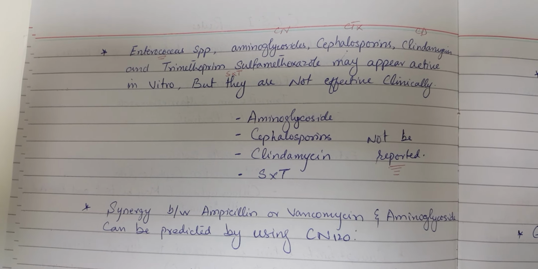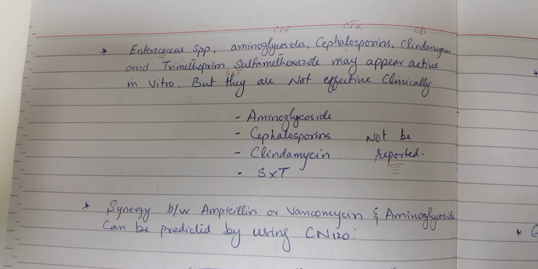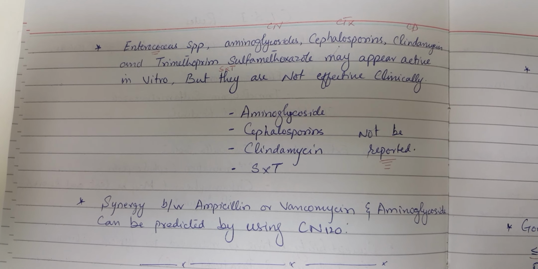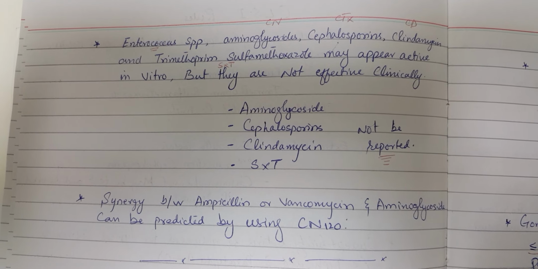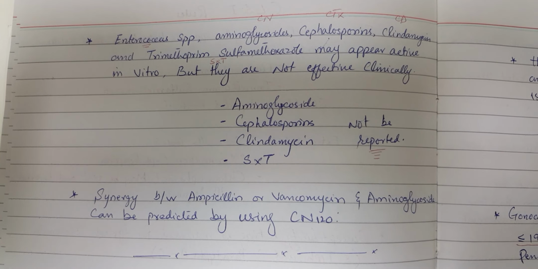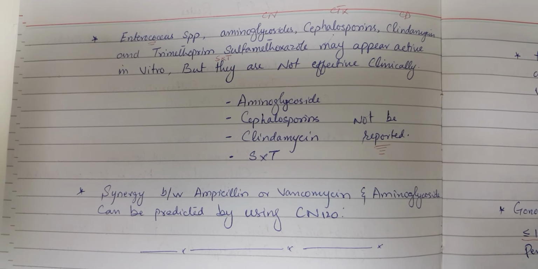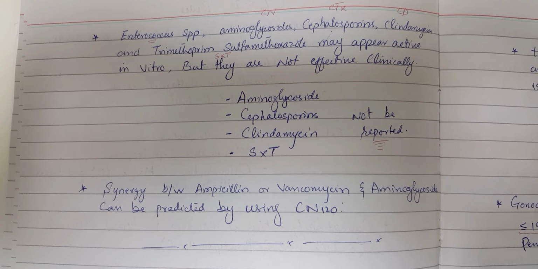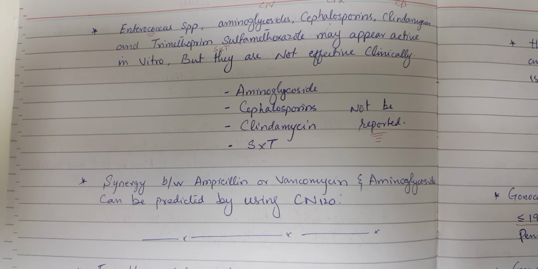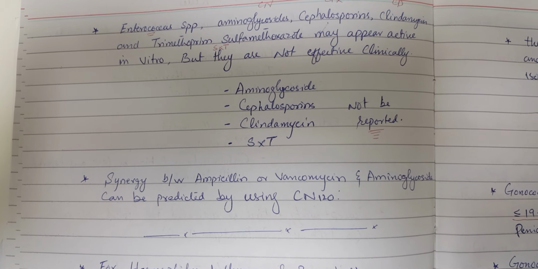But we can check Genta 120 to confirm the synergistic effect. Synergy of ampicillin or vancomycin with an aminoglycoside can be predicted by Genta 120. If it is susceptible, then synergism is there. So we can use ampicillin and vancomycin in combination with an aminoglycoside in such cases.